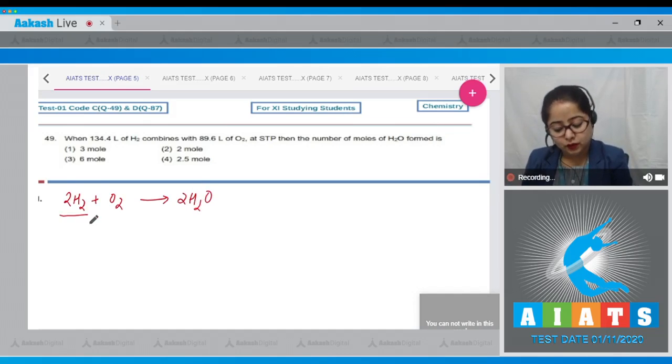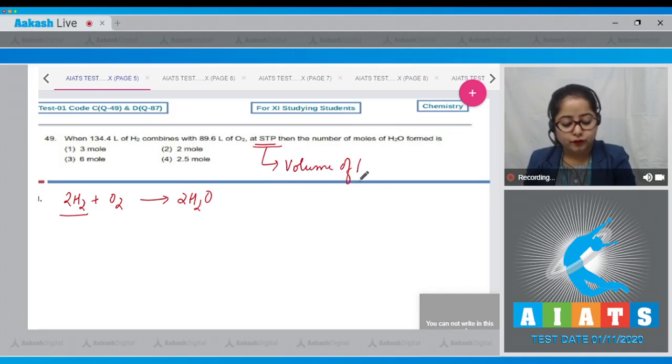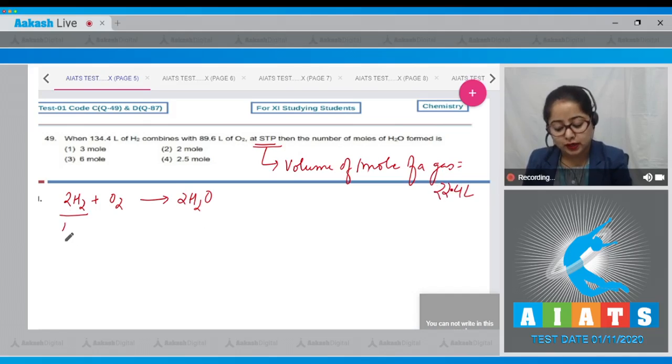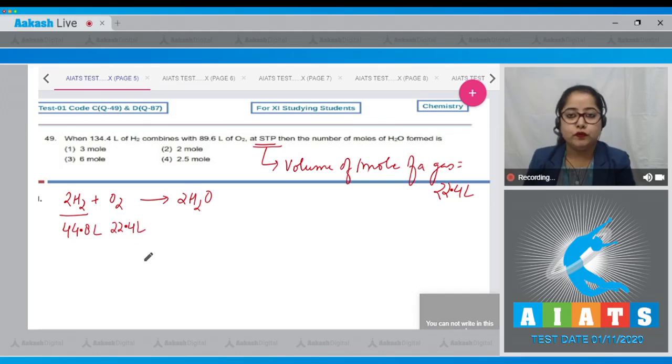Here we know that first of all the conditions given is STP, and we know that at STP the volume of 1 mole of a gas is equals to 22.4 liter. So here this is 2 moles, that means 44.8 liter of H2 reacts with 22.4 liter of O2.